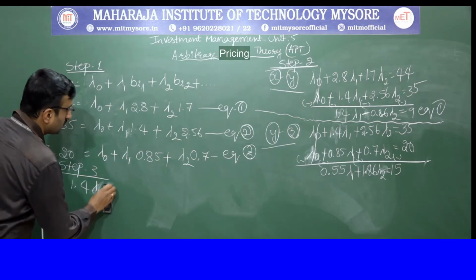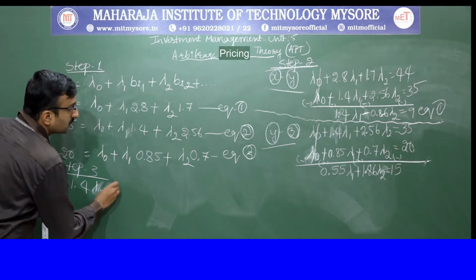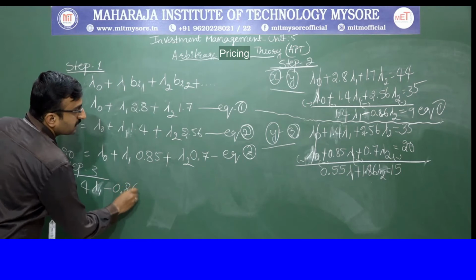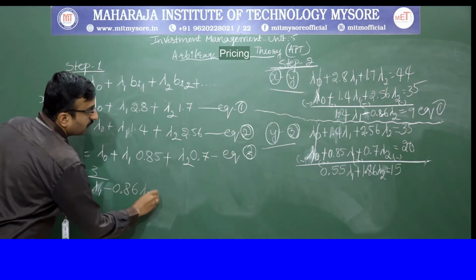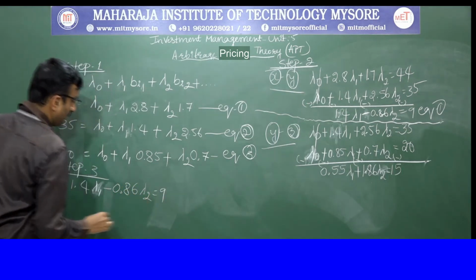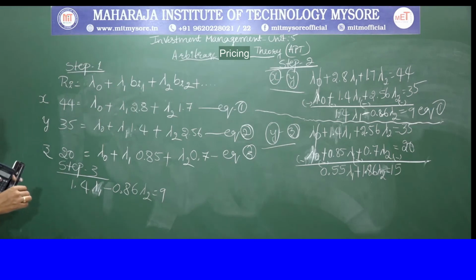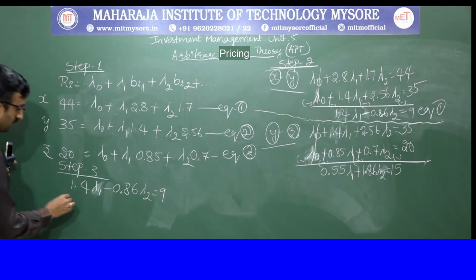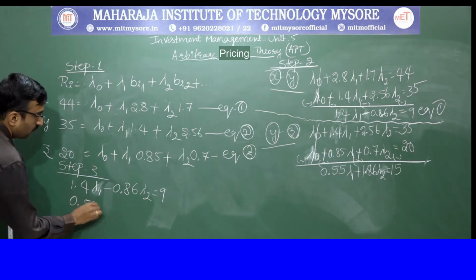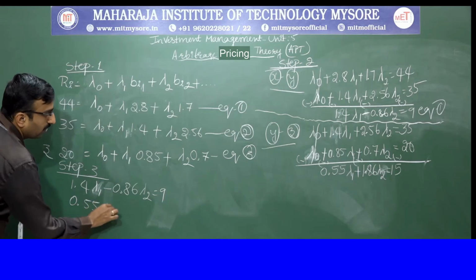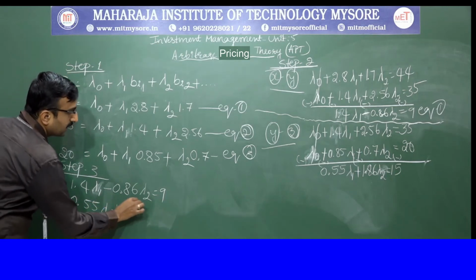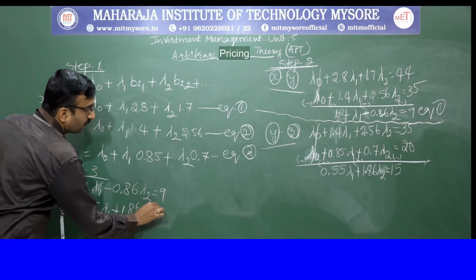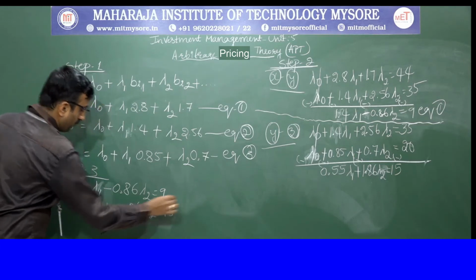No, it is minus 0.86 lambda 2 is equal to 9. Okay. So, we have 9 here. Then again the second one is 0.55 lambda 1 plus 1.86 lambda 2 is equal to 15.